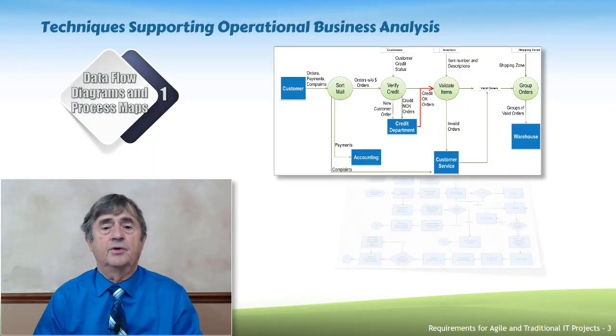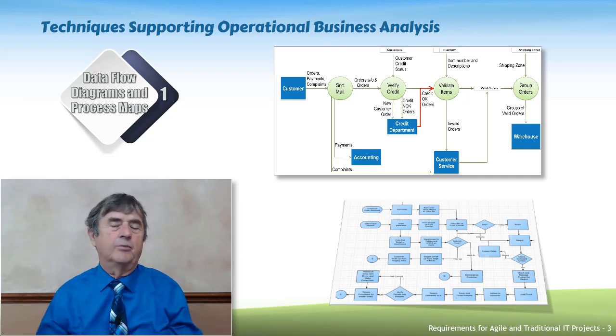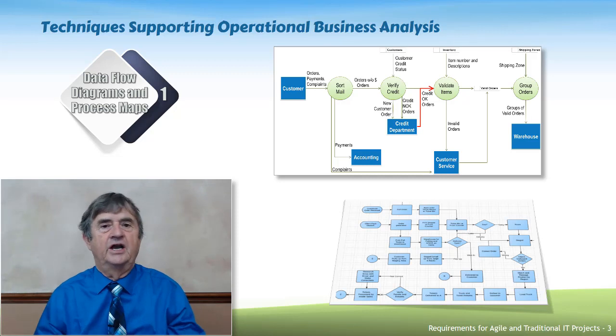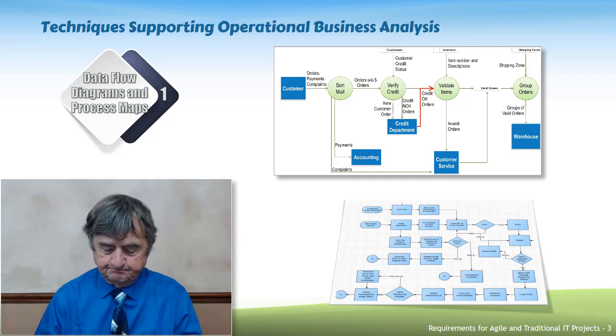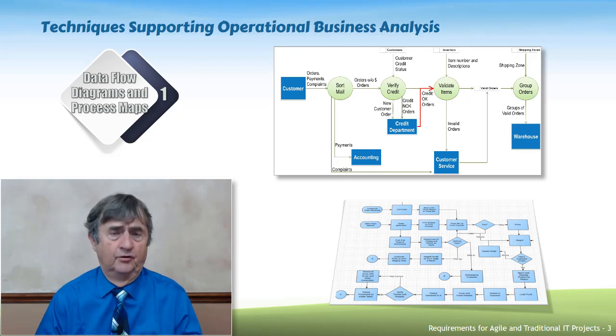Data flow diagrams and process maps are very common at this level. You're trying to get down to a low level of detail. Now, back in the 80s, when data flow diagrams were invented, we used to have these data flow diagrams of the entire project, showing the workflow for the entire organization and things like that. For agile projects, there's no time for that, and it is overkill.